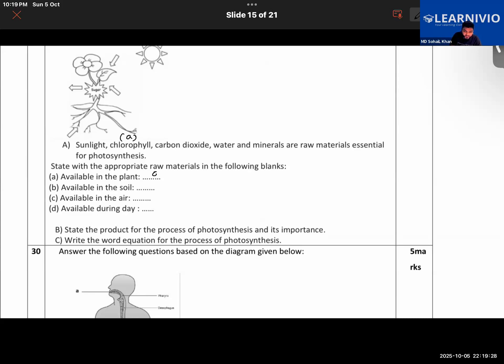Next, available in the soil: water and minerals. That will be B. Available in the air: carbon dioxide, that's C. And available during the day: sunlight. Then a simple question.